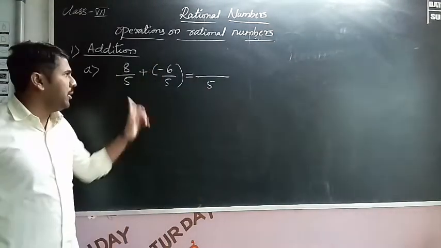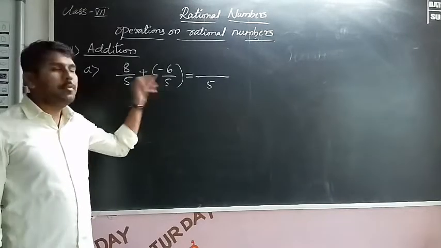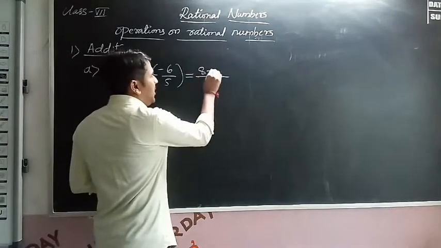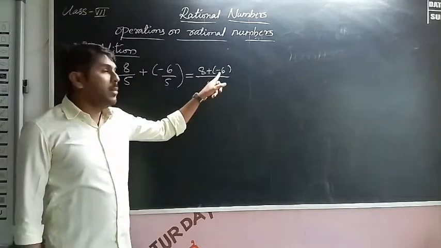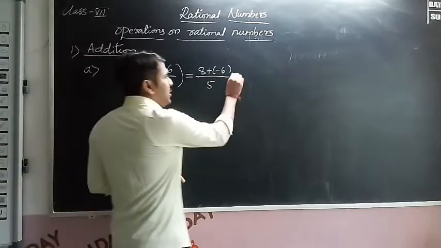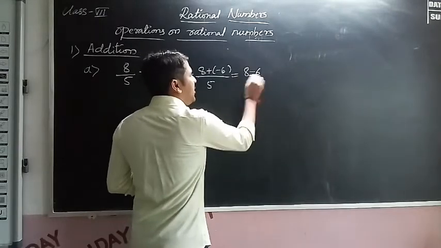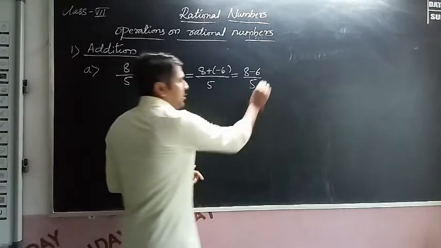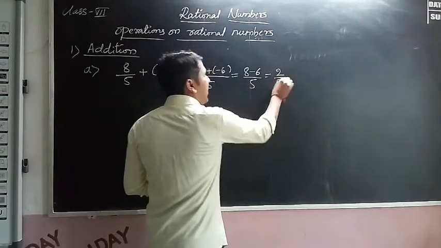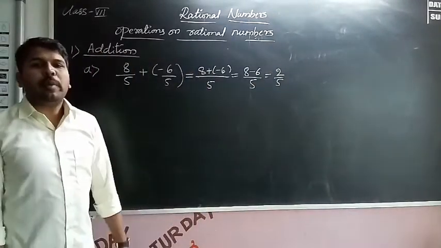So take it as 5, and 8 plus of minus 6. So you know that plus into minus. So 8 minus 6 divided by 5. What will we get as the answer? 8 minus 6, that is 2 by 5. So the answer is 2 by 5.